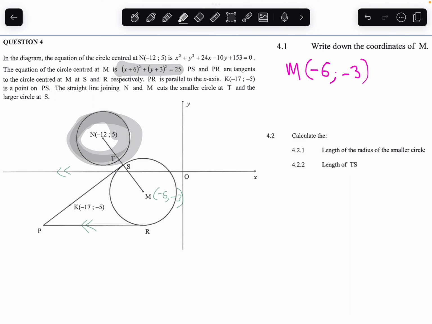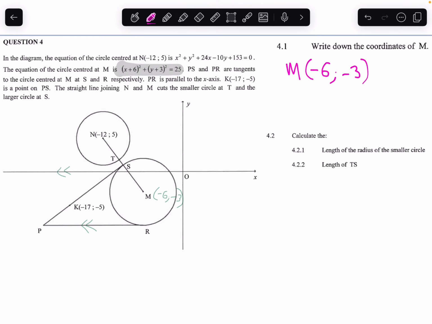So you'd have to find the length of the radius by completing the square, and then you'd say, okay, now I can see that the radius of this one is 2, whereas the radius of this one is 5, so this is therefore the smaller one, and then proceed from there. But anyway, we don't need to do all of that because they've told us which one the smaller one is. Anyway, so we want to find the length of the radius of the circle centered at N.